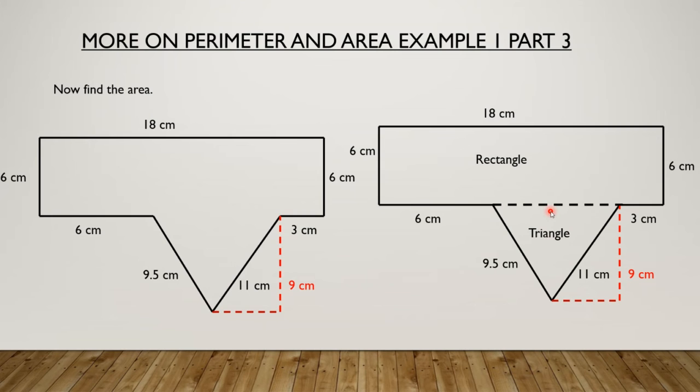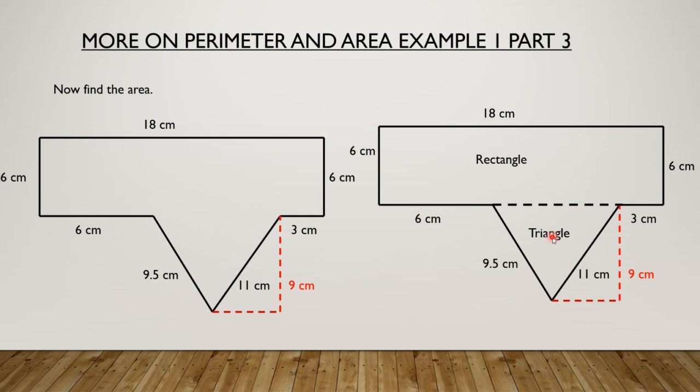So how do we get the area of each thing? Well, the rectangle is pretty easy. We know the dimensions of it. Its width is 6 centimeters and its length is 18 centimeters. So the area of the rectangle is just 18 centimeters times 6 centimeters.